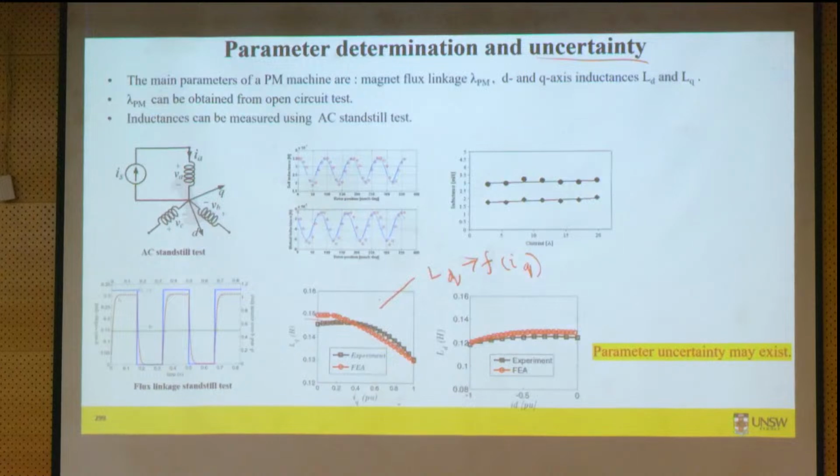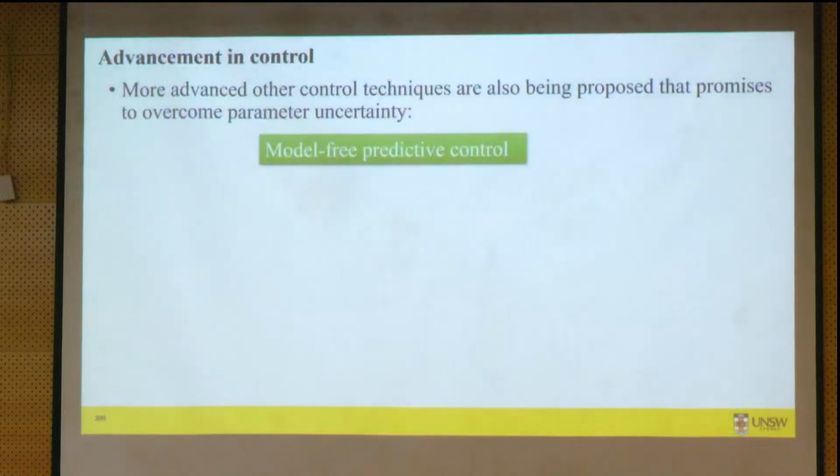There is also a more advanced approach, model-free predictive control. You do not use those parameters at all. Instead, you try to find the disturbance caused by the difference between the real model in the machine and your theoretical model.